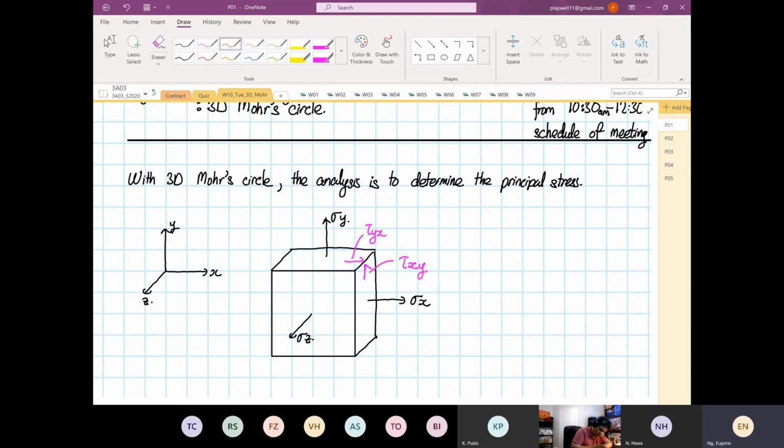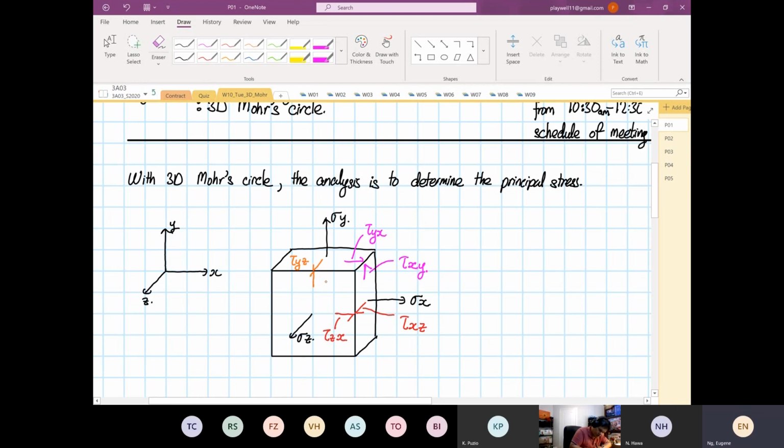For this case, this is our shear on the plane crossing the x-axis, with the force acting in the z direction. Likewise, the plane crossing the x-axis, and the stress acting in the x direction. And lastly, in 3D, this is shear on the y plane in the z direction, and this is shear on the plane intersecting z, y direction.